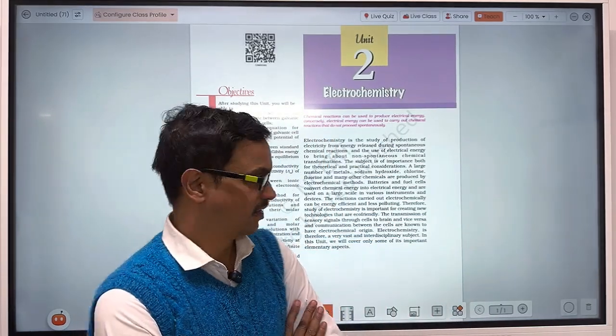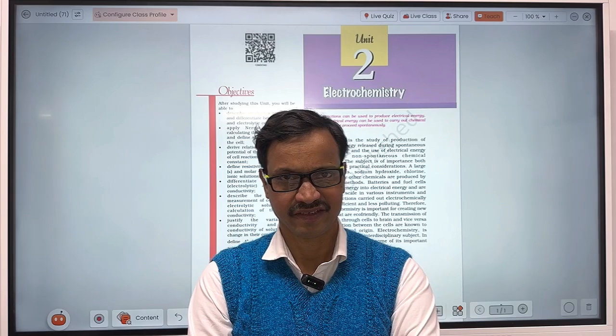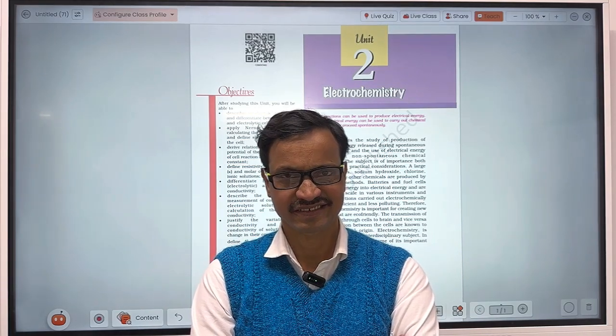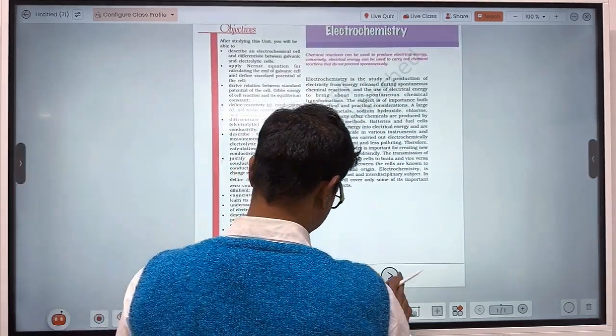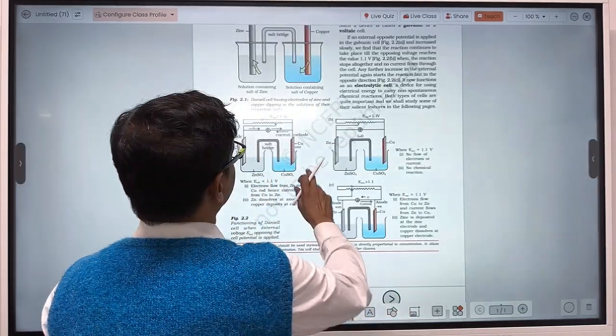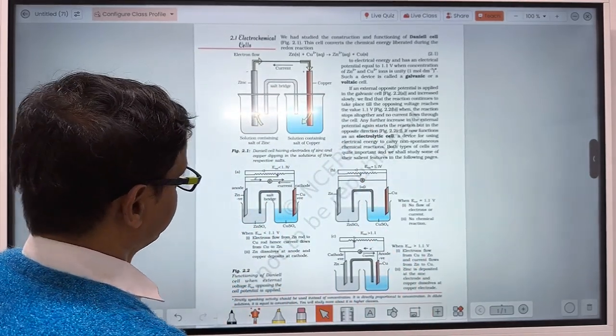In electrochemistry, first of all, we will have to discuss the cells, that is the electrolytic cell and the electrochemical cell. Let's see this one here, galvanic cell or voltaic cell.